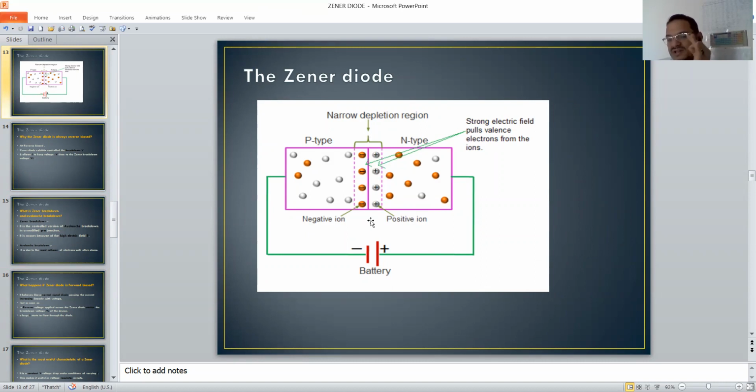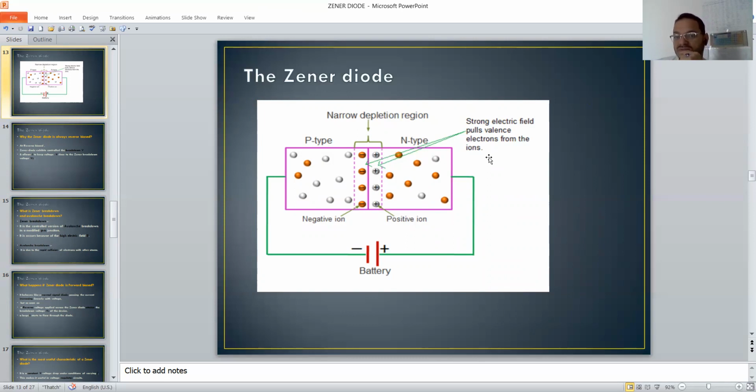The important element, like I said, is the strong electric field, which takes the valence electrons from the ions and makes the depletion region start to disappear or become narrow, because the electric field takes some electrons from the ions in the depletion region.